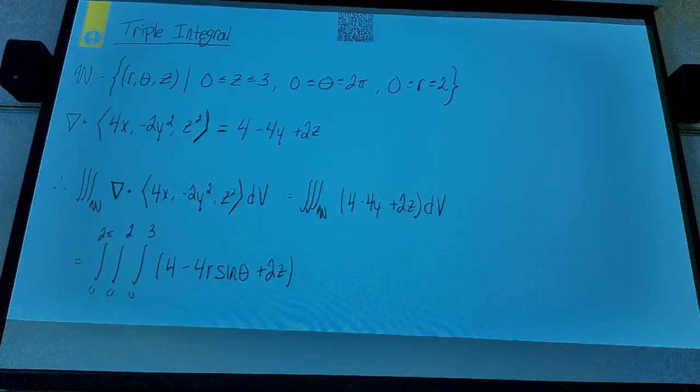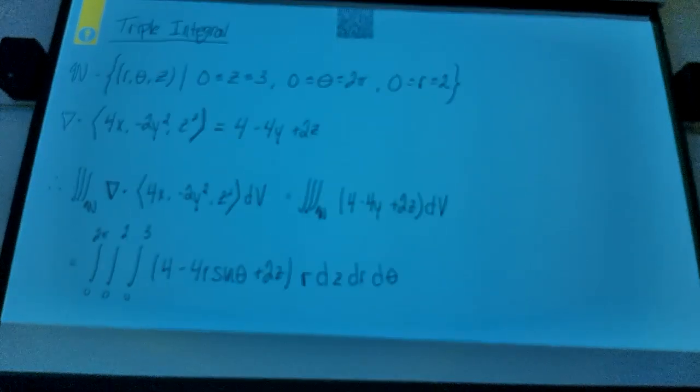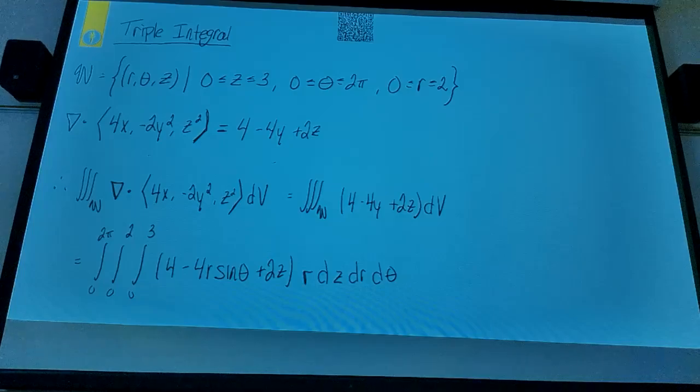Your volume differential is r dz dr d theta. Distribute that r through.